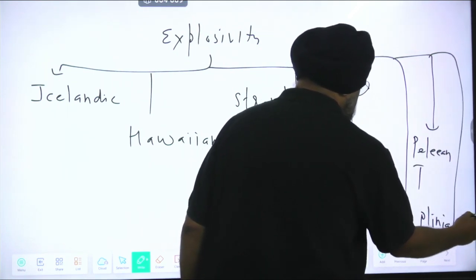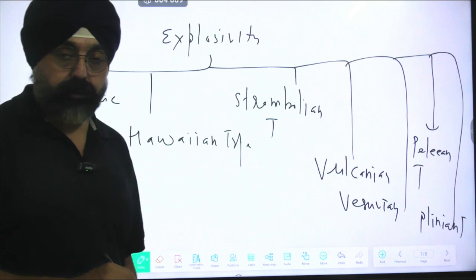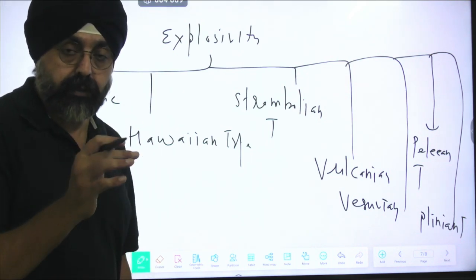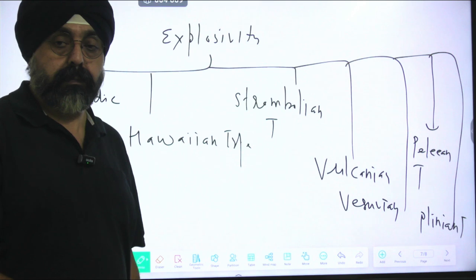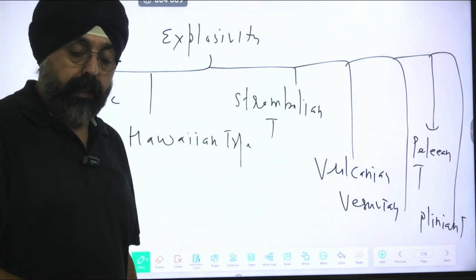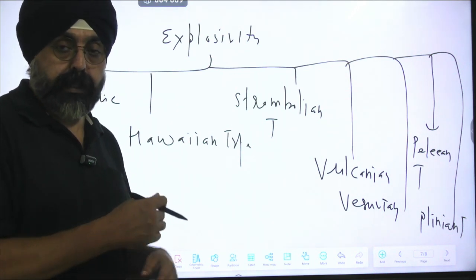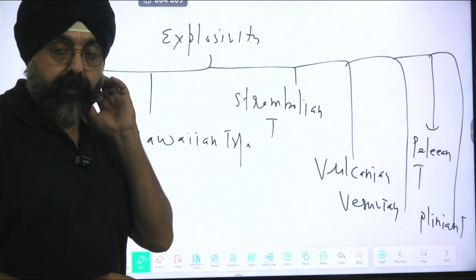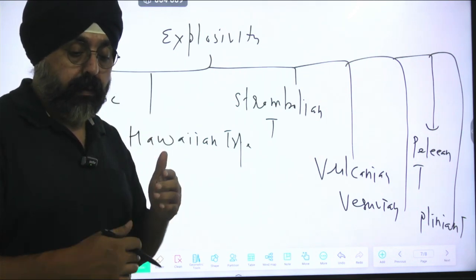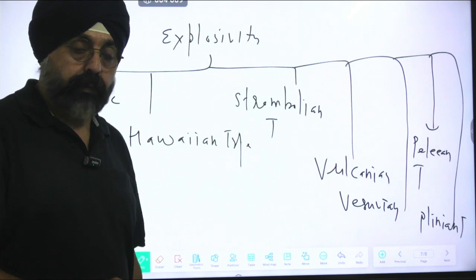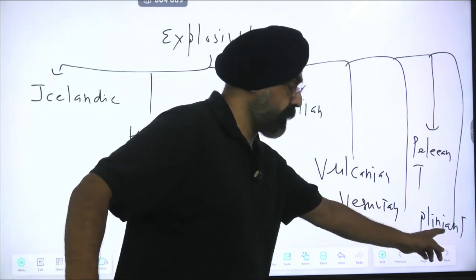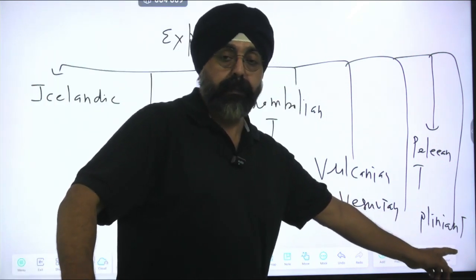When a Plinian type of volcanic eruption takes place, half of the earth hears the explosion, and the volcanic cone is completely, or you can say maximum, collapses. So these are the most vociferous, the Plinian type.